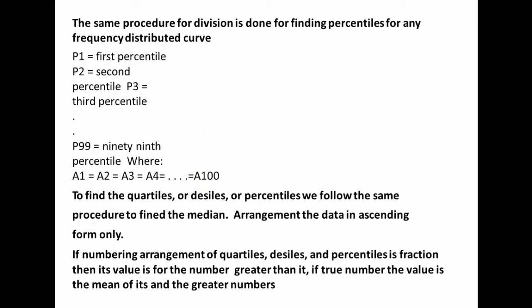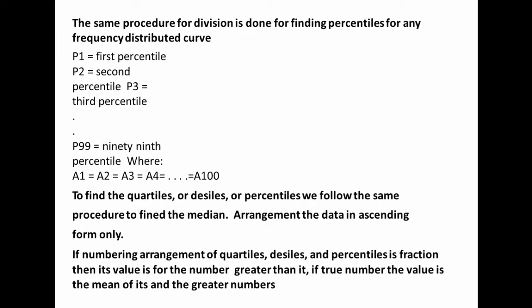Similarly, the same procedure of division is used for finding percentiles for any frequency distribution curve. P1 will be the first percentile, P2 the second percentile, P3 the third percentile, and similarly P99 will be the 99th percentile, where all the areas A1, A2, A3, A4 up to A100 will be equal.